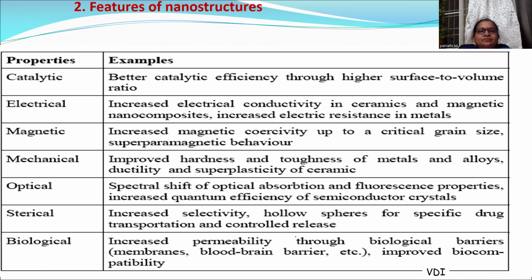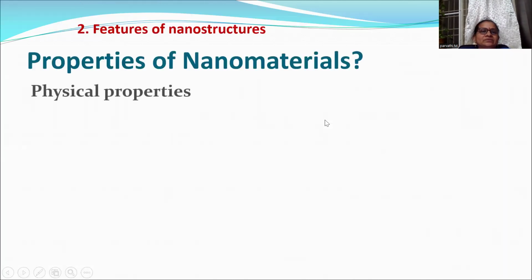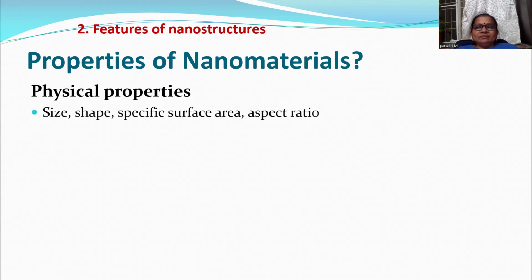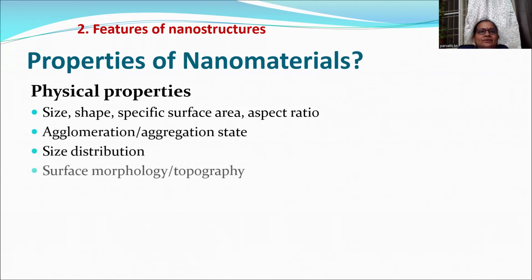Now, when it comes to properties individually in different fields, take physical properties. The physical properties concentrate on size, shape, specific surface area, aspect ratio, agglomeration and aggregation state, and size distribution.